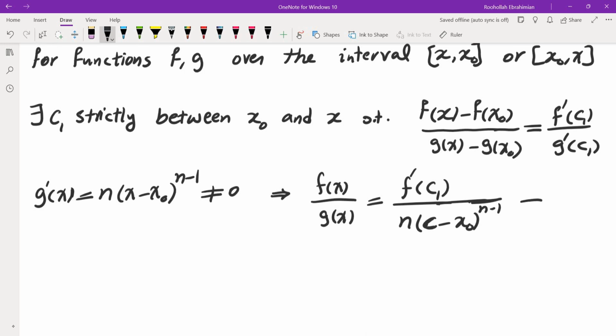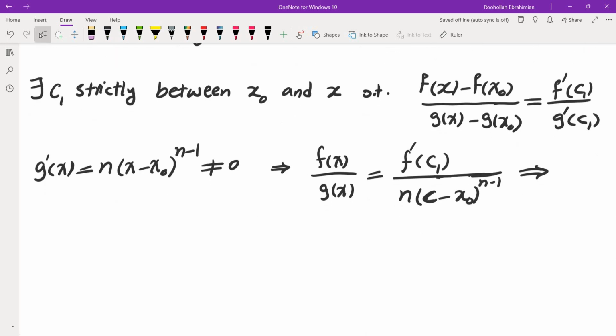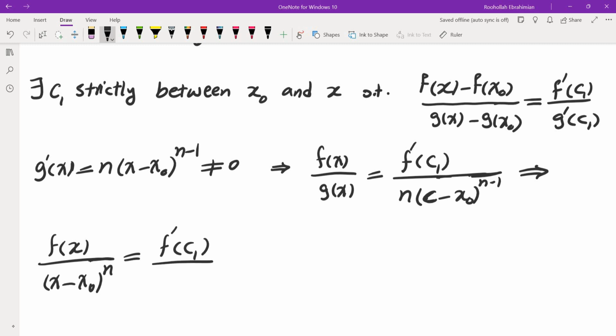Okay, so this tells us f of x over g of x is equal to that quantity. And I can replace g of x by the quantity that it is, so (x minus x naught) to the power of n, and that's equal to f prime of c1 over n times (c1 minus x naught) to the power of n minus 1.